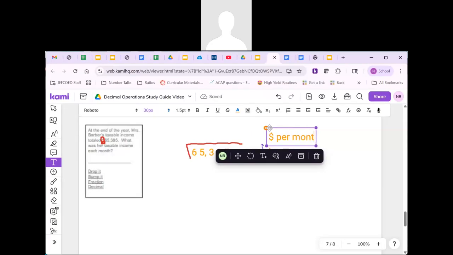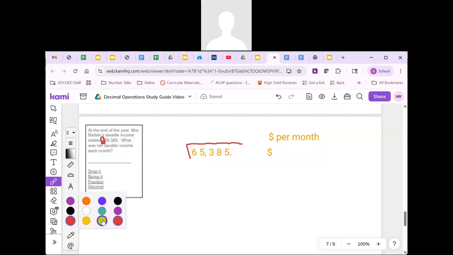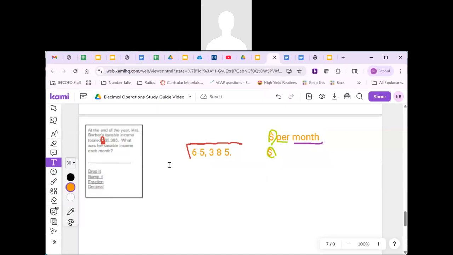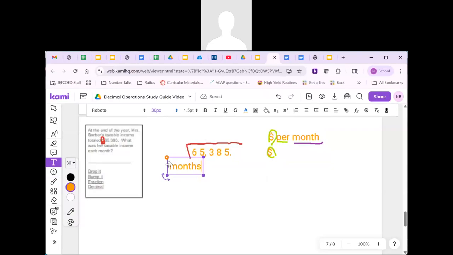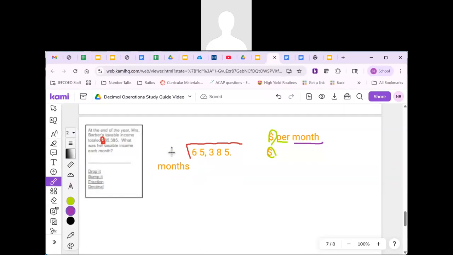Money per month. Okay, now look. We've done this a few times. You've got a dollar sign twice. The second dollar sign has per. What do you not have twice? Month, right? So the label over here on my divisor is going to be the word months. How many months do I divide this by? There are 12 months in a year, so you are dividing by 12.